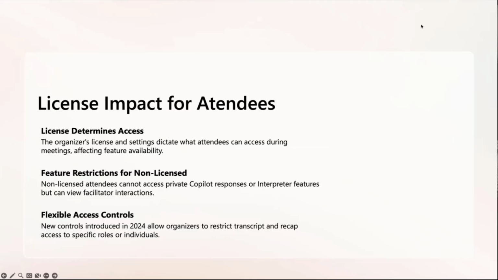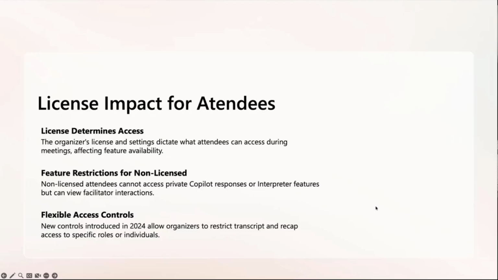Transcript and recap access will depend on the organizer permissions. Microsoft introduced access control options that allow organizers to restrict artifact access to everyone, co-organizers, or specific individuals. These controls allow you to secure the meeting configurations in any way you want.